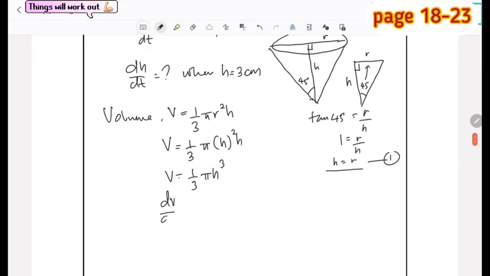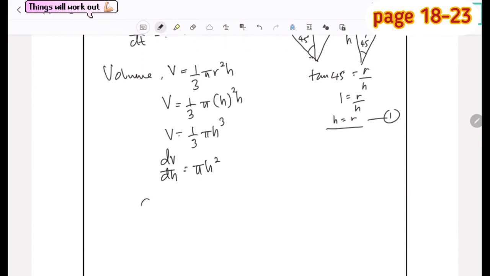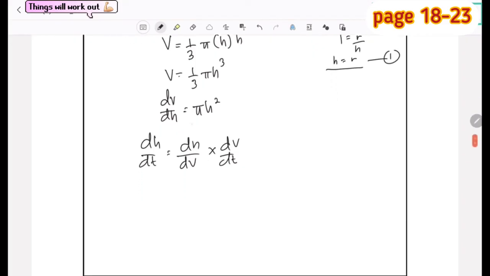So we get dV/dh, that will be pi h squared. dh/dt is dh/dV times dV/dt. So dh/dV will be 1 over pi h squared. dV/dt is substituted as 36 pi, so that is equal to 36 over h squared.